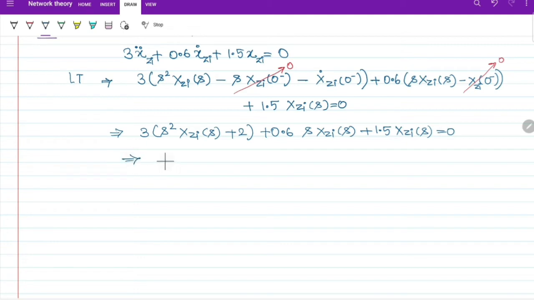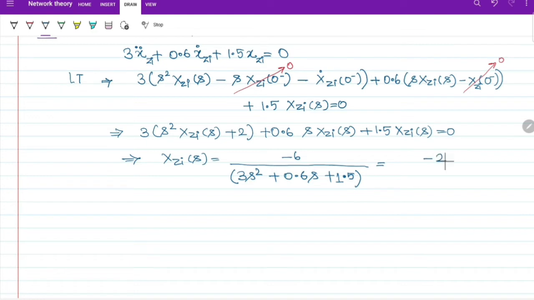Now this X_zi can be written as -6 divided by 3s² + 0.6s + 1.5.